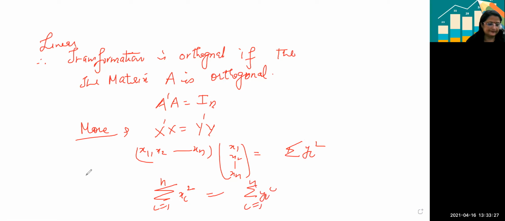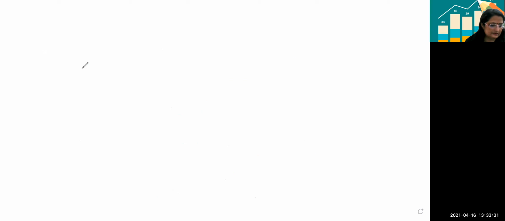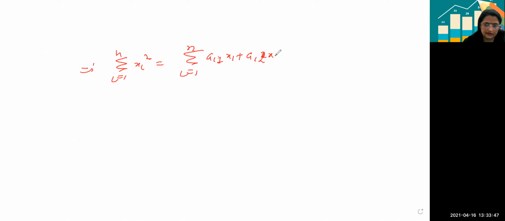It implies summation i from 1 to n of xi square is equal to summation i from 1 to n of (ai1 x1 plus ai2 x2 so on up to ain xn) whole square, for every set of variables x1, x2, so on up to xn.